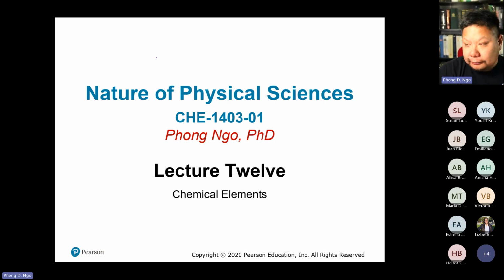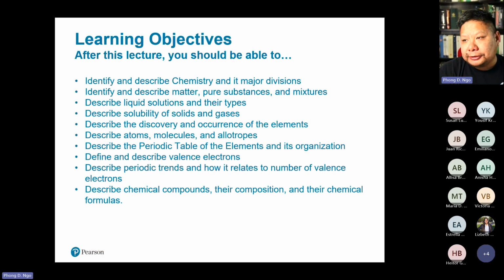Okay, so let's take a look at the learning objectives, right? Today we're going to try to identify and describe what chemistry is and what its major divisions are. Identify and describe matter, pure substances and mixtures. Describe liquids and solutions and their types. Describe solubilities, solids, and gases. Describe discovery and occurrence of elements.